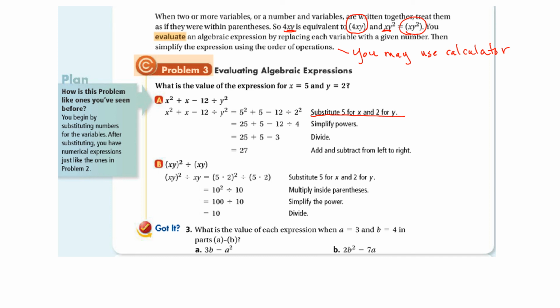Then if you follow the order of operations, you would follow these next steps. Again, you may use your calculator and just enter this into your calculator. The same thing with example B.